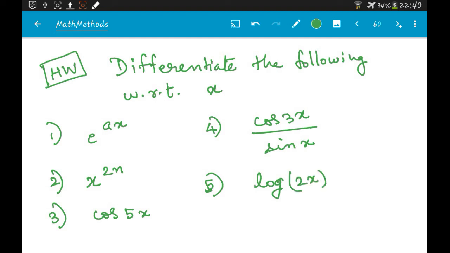Okay, so I think that will do. So these are the 5 problems. You can try them out. If you are able to do these problems, you will not have that much difficulty in following multivariable calculus.